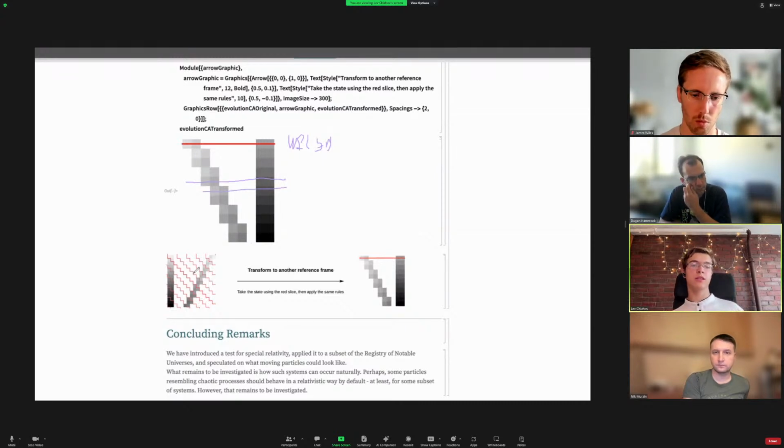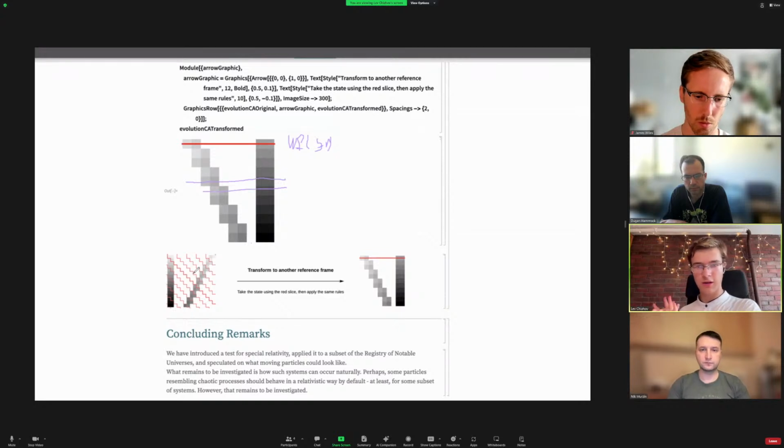What we want is some initial state and then applications of rules, and we should get the same events happening in both the original reference frame and in the transformed reference frame locally.